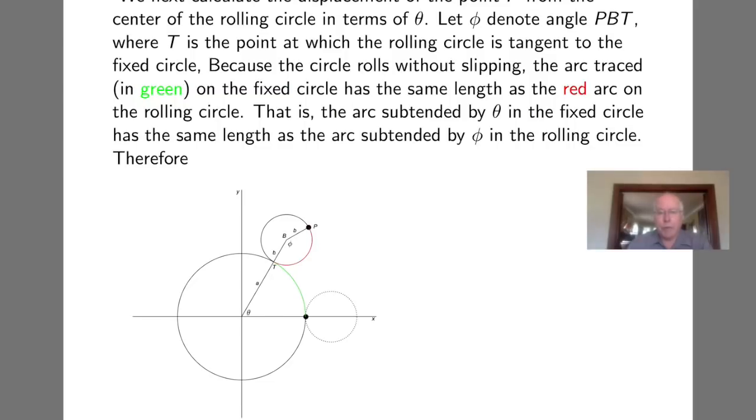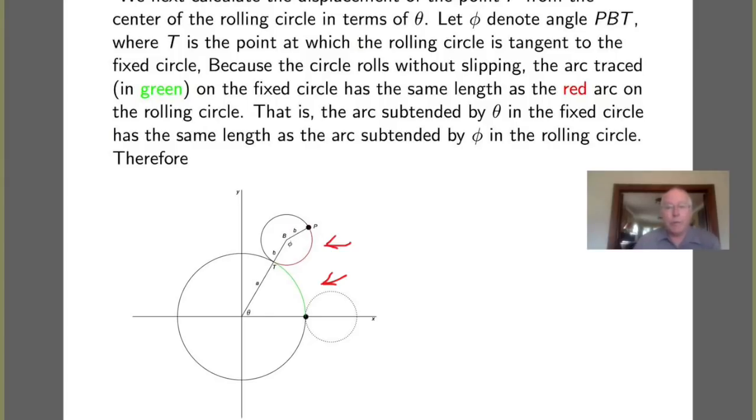And because the circle rolls without slipping, the arc traced in green along the fixed circle is going to be the same as the arc illustrated in red along the rolling circle. That means the arc subtended by theta on the fixed circle has the same arc length as the arc subtended by phi on the rolling circle.